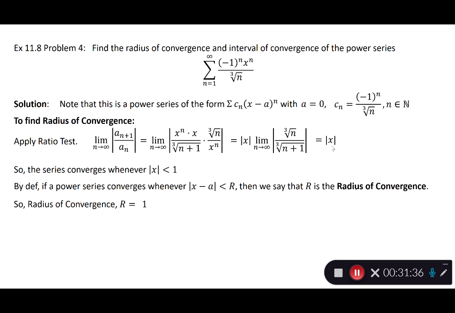When the limit is less than 1, converges. Greater than 1, diverges. What does it say about when the limit is equal to 1? Do you remember? The test is inconclusive. So the ratio test cannot tell you what happens when the limit is equal to 1.